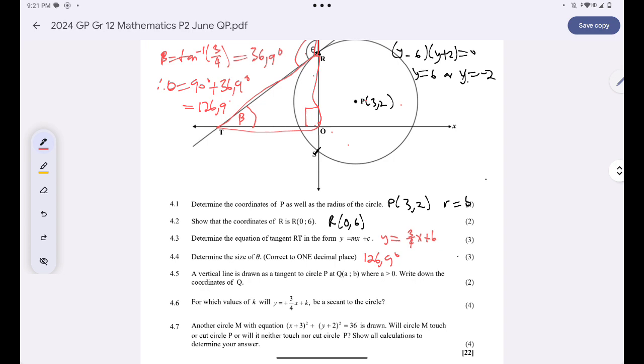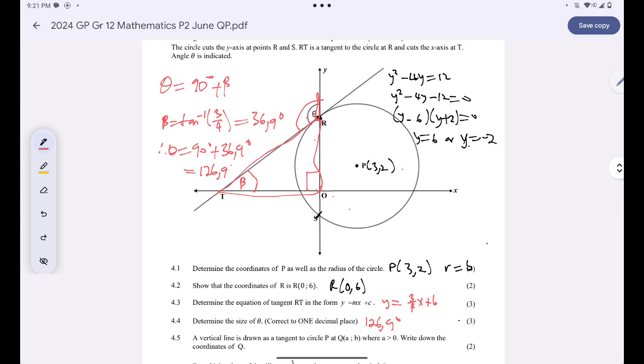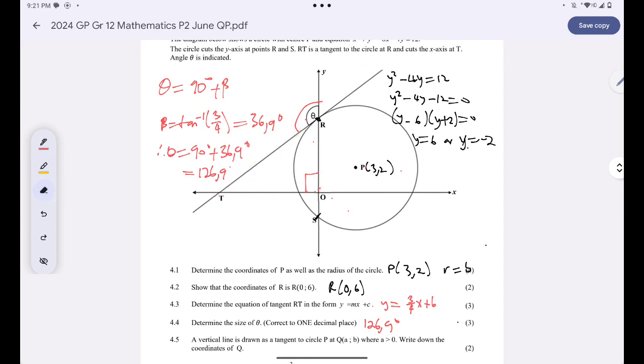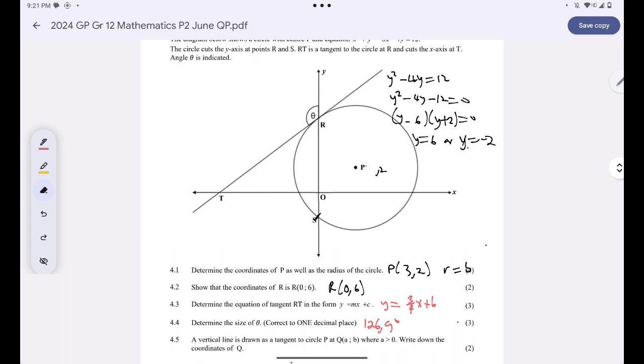A vertical line is drawn. Okay, let me erase here first. I'm told that a vertical line is drawn as a tangent to the circle at P, right? To the circle with center P. Okay, please remember the coordinates of P are 3 and 2.